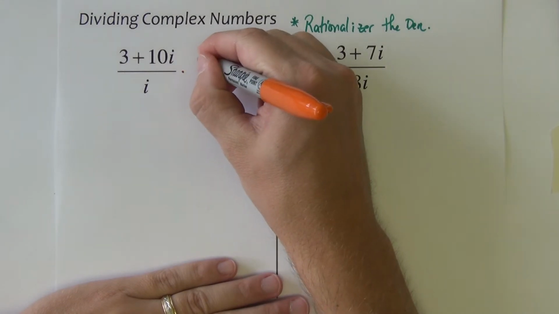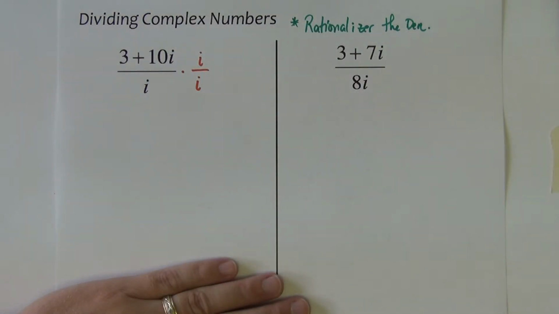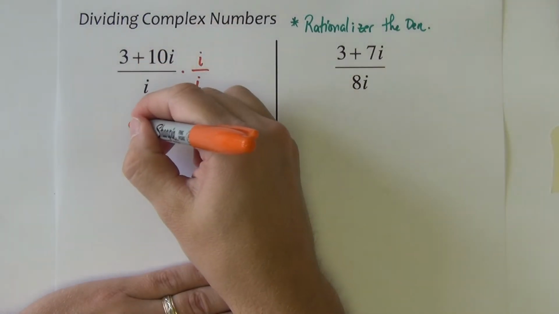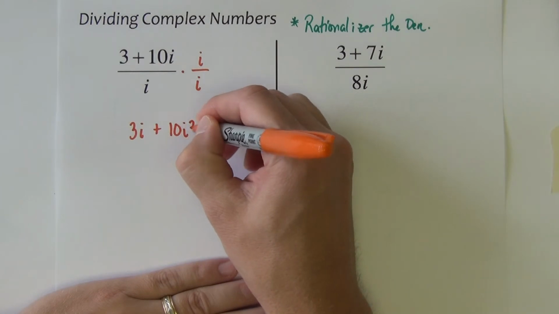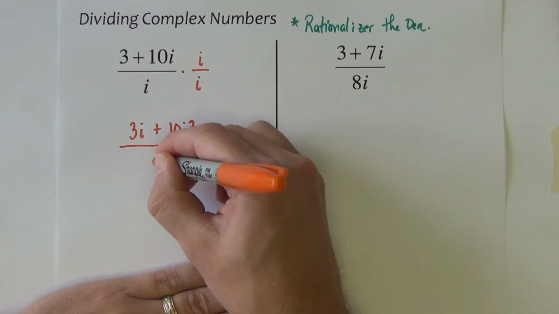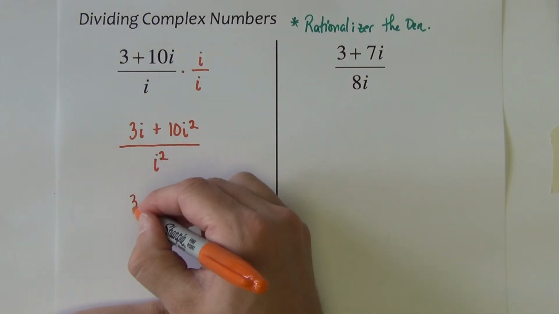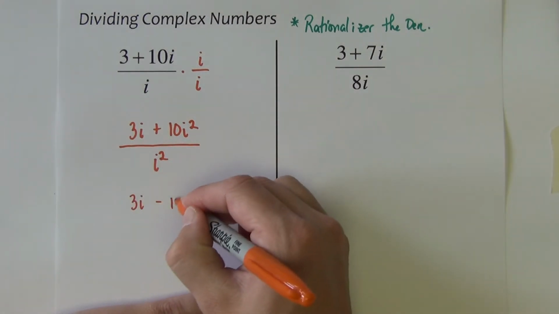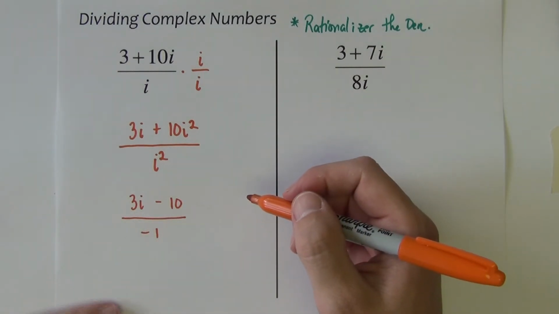We're going to multiply top and bottom by i over i. Okay, if we distribute in the numerator, it gives us 3i plus 10i squared. Denominator is i squared. Now the i squareds are negative 1s, so we have 3i minus 10 divided by negative 1.